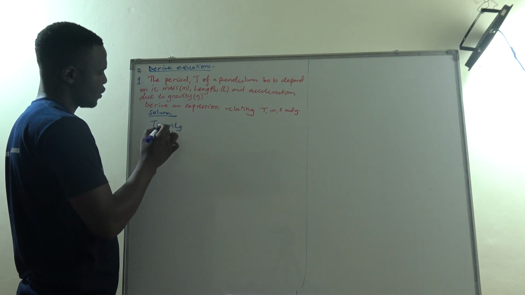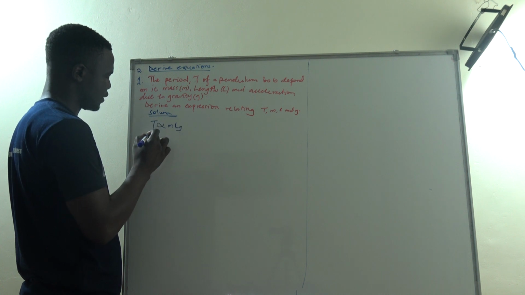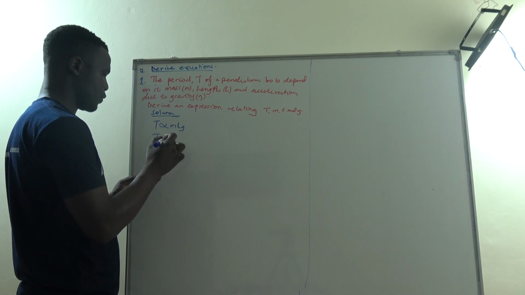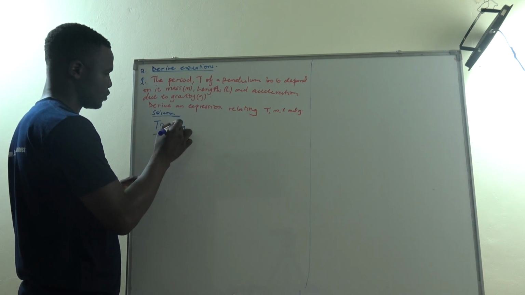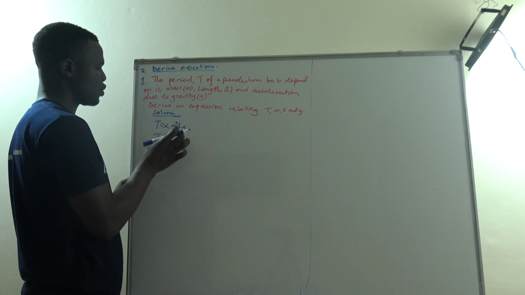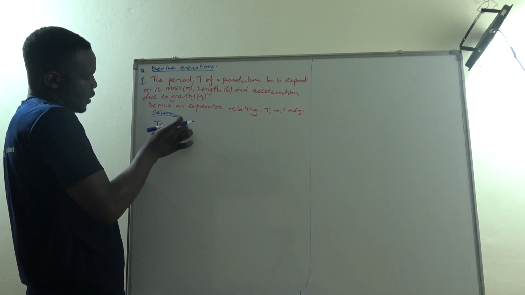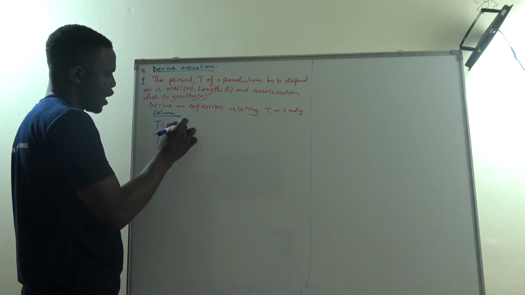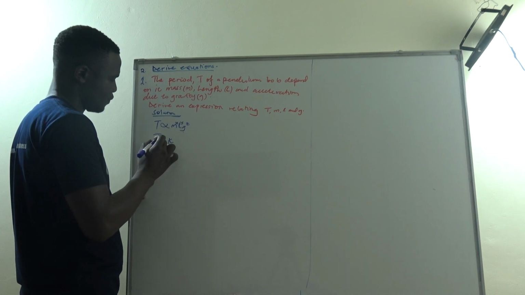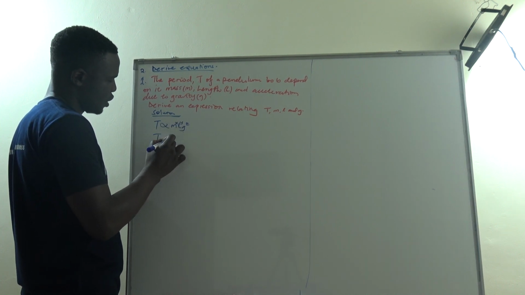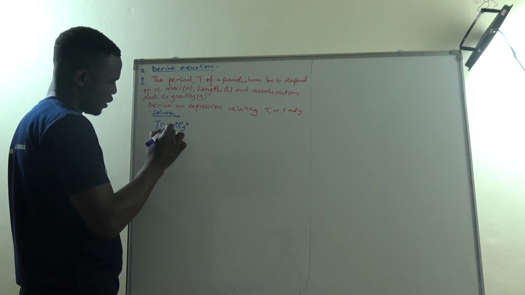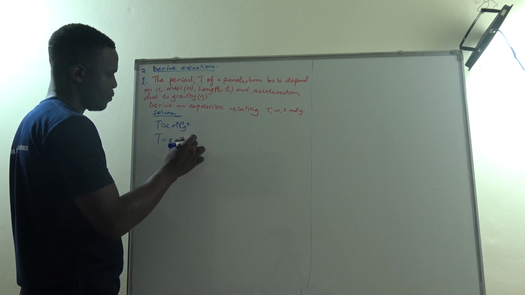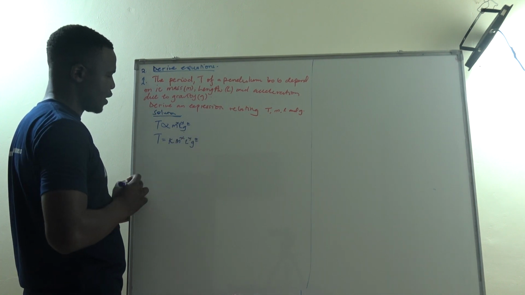Now here, T is proportional to that. But to remove the proportionality sign, we bring in a constant of proportionality. We do not know which powers m, l and g are raised to, so we give them powers x, y, and z. So our expression shows that the period T is equal to k, where k is a constant, times m power x, l power y, and g power z.